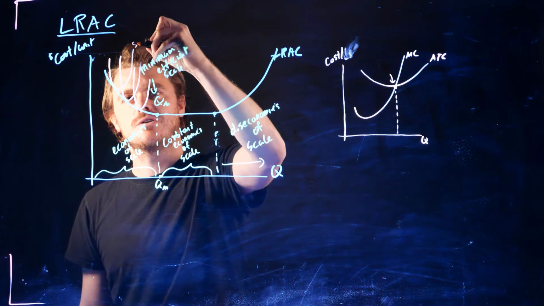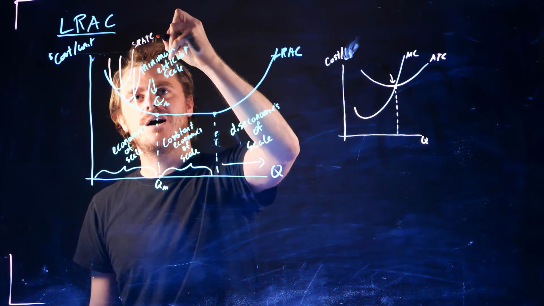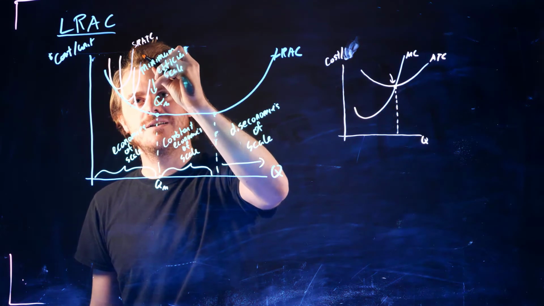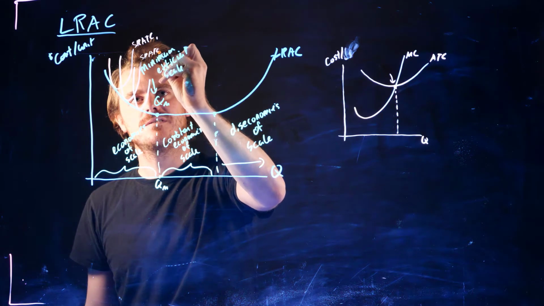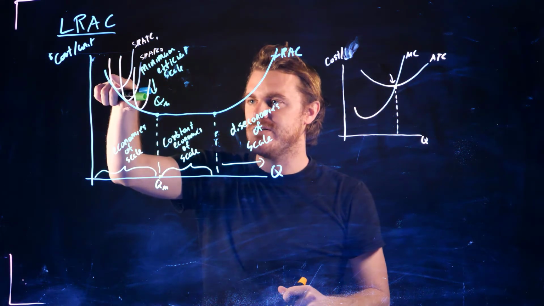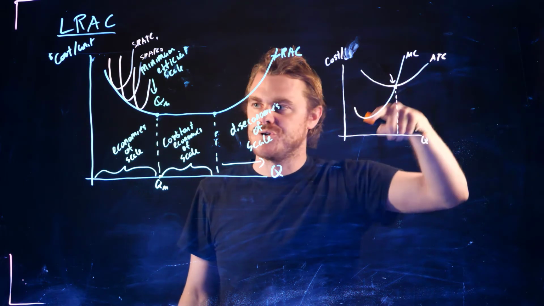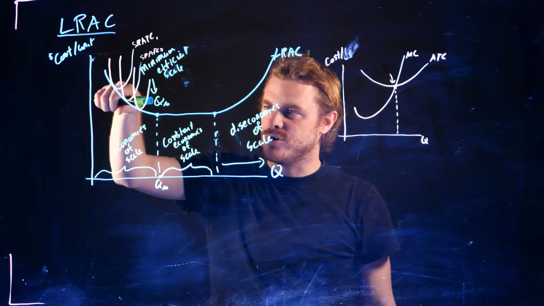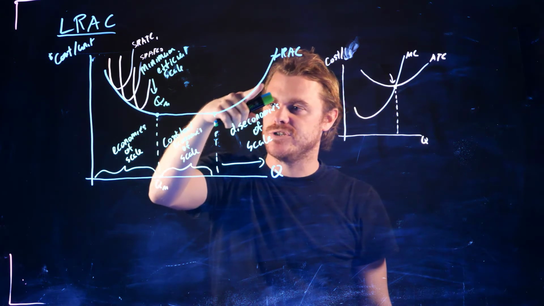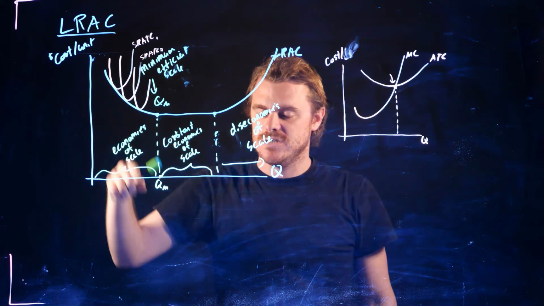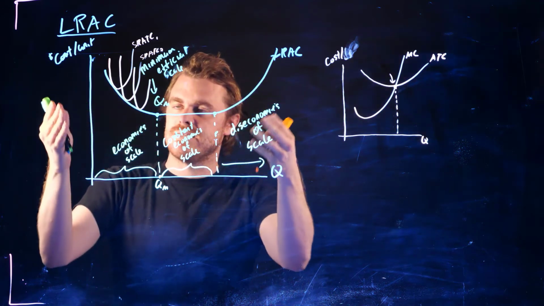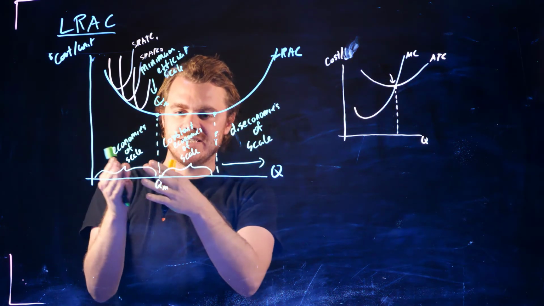So this is short run average total cost 1, and we have a second one, and I guess an infinite number of them. The minimum points of all these short run average total cost curves are what produce this long run average cost curve. So in the long run, we're asking what the minimum cost is at different levels of production.